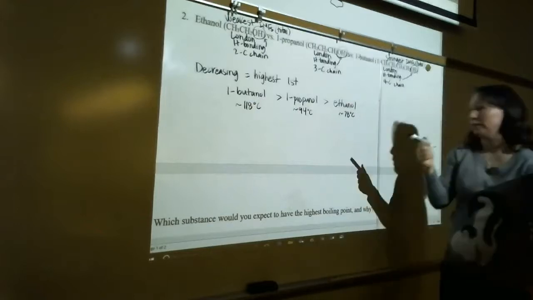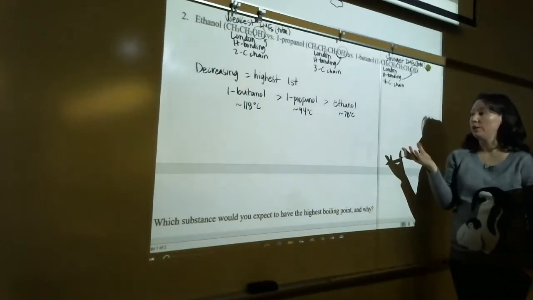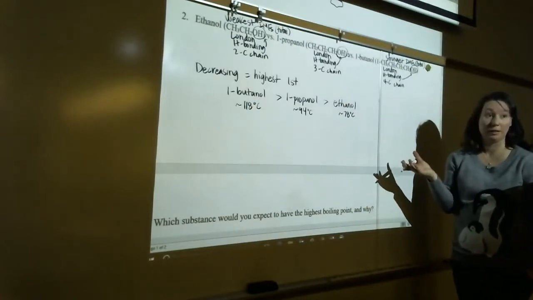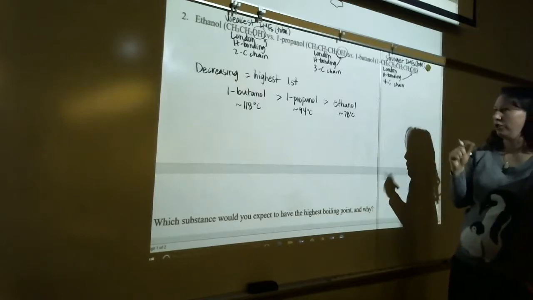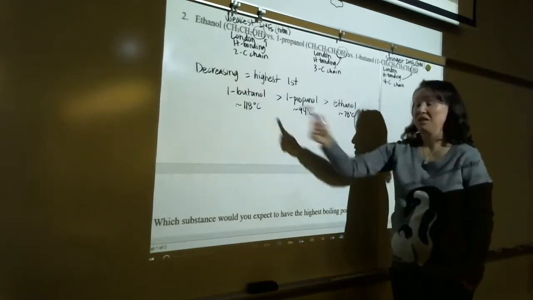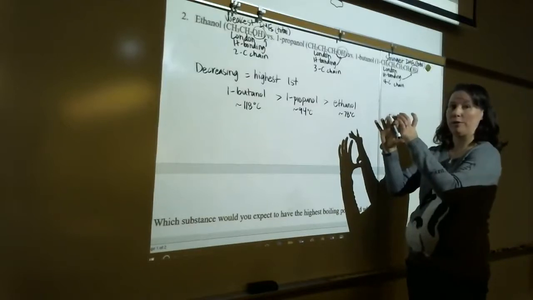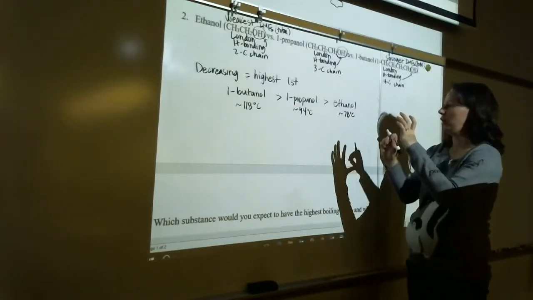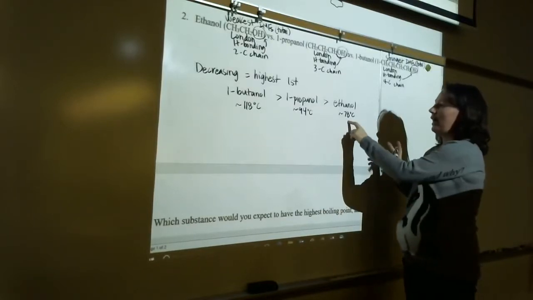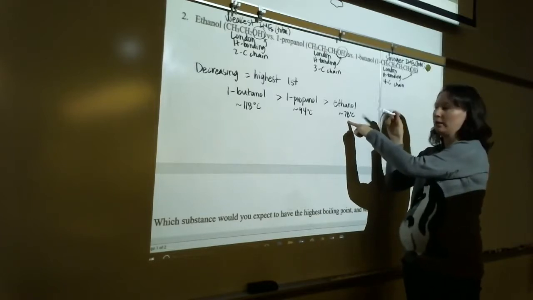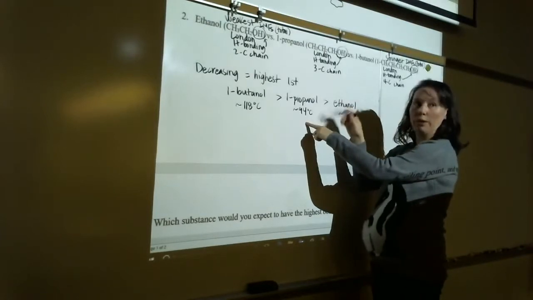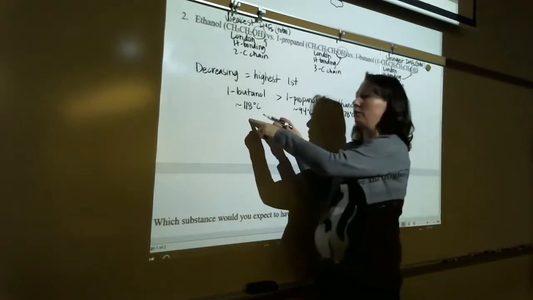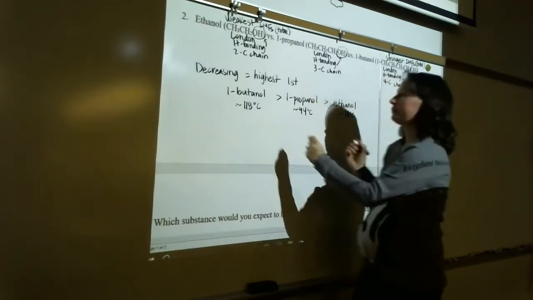Right? If you had all 3 of these as liquids, you could distill this relatively easily. We'll talk about distillation in the lab. But you could easily separate that, right? If you have all 3 of them in a flask and you slowly increase the temperature, the ethanol will boil off first, and then the propanol will boil off second, and then the butanol will be the one we'll have left, right?